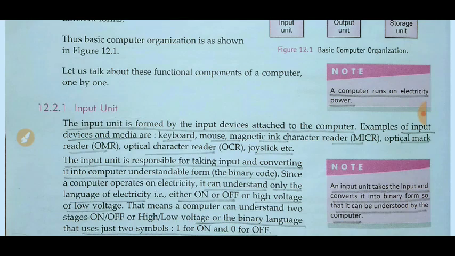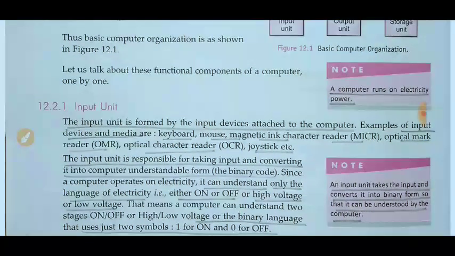When you press A, the computer can't understand whether you are typing capital A or small a, or in some other language like Hindi. Computer can't understand which type of character you are entering. So first it will convert human readable form to the computer understandable form.